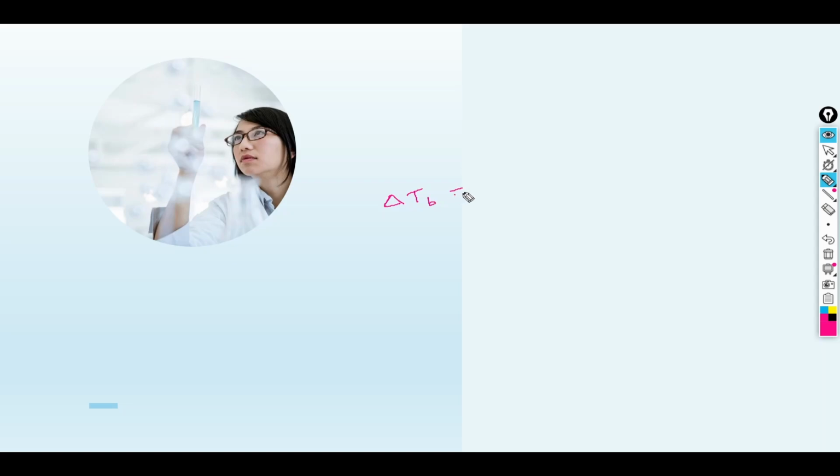This delta TB is the change in boiling point. So the final boiling point of the solution minus the boiling point of pure solvent. Initially the boiling point was less. When we added some solute to it, the solution's boiling point increases. So the difference is delta TB.